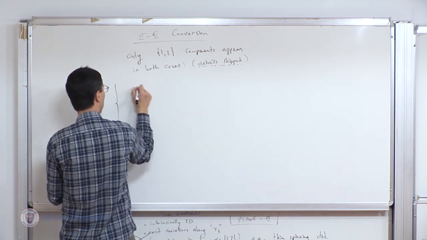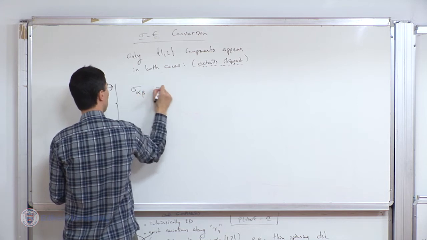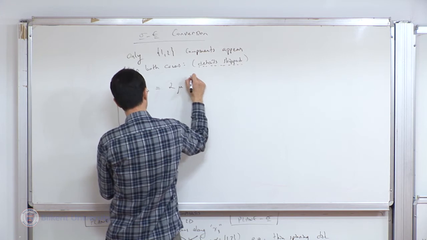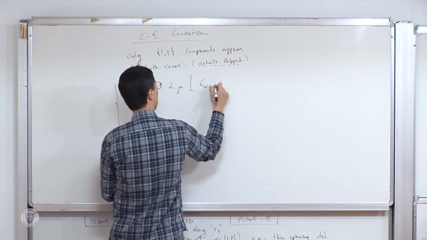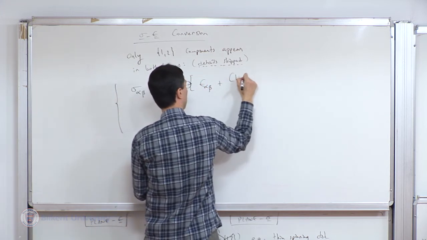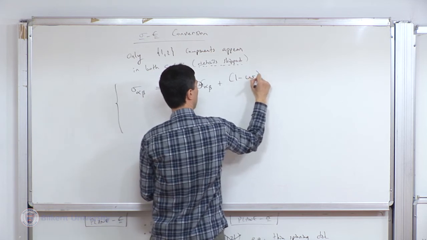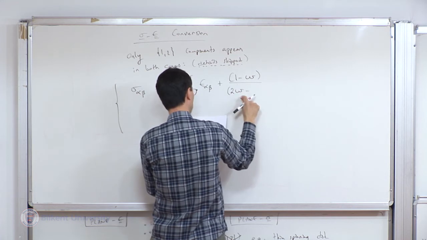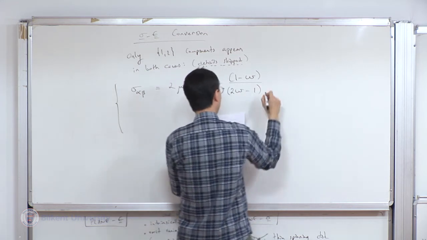So we can show that, for instance, in both cases, sigma alpha beta can be expressed as, so now I'm introducing a new constant, omega.